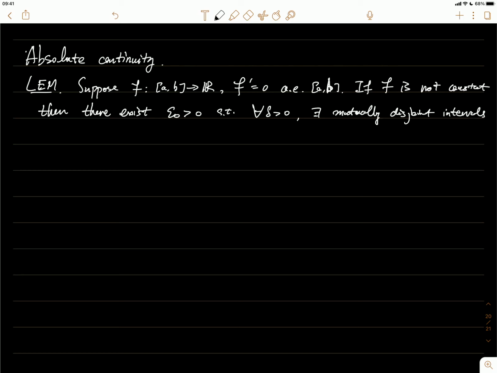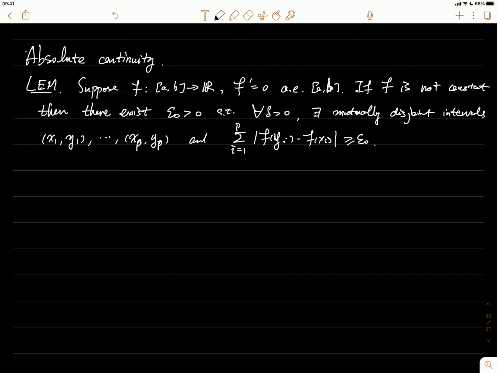We call them, say, x1, y1, all the way to xn, yn, such that the sum of |f(yi) minus f(xi)| for i from 1 to p is greater than or equal to epsilon 0.